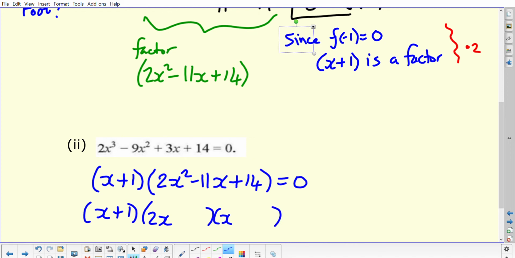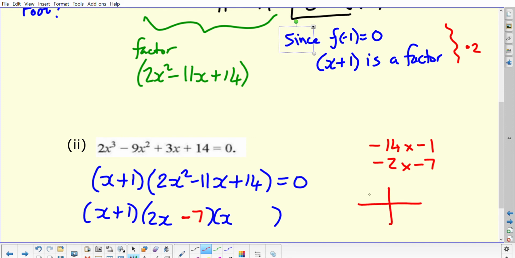You then need to be looking for two numbers that multiply together to give you positive 14, but your middle term is negative, so you're either working with minus 14 times minus 1 or minus 2 times minus 7, and then you need to check which bracket they would fit into to give you the correct middle term.